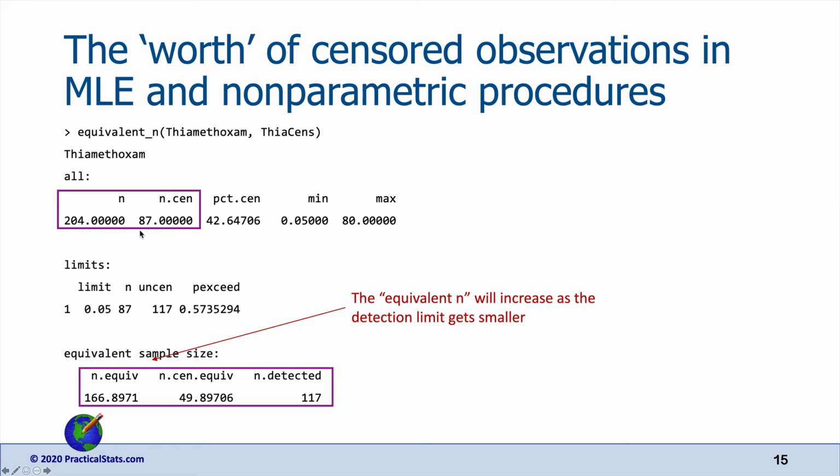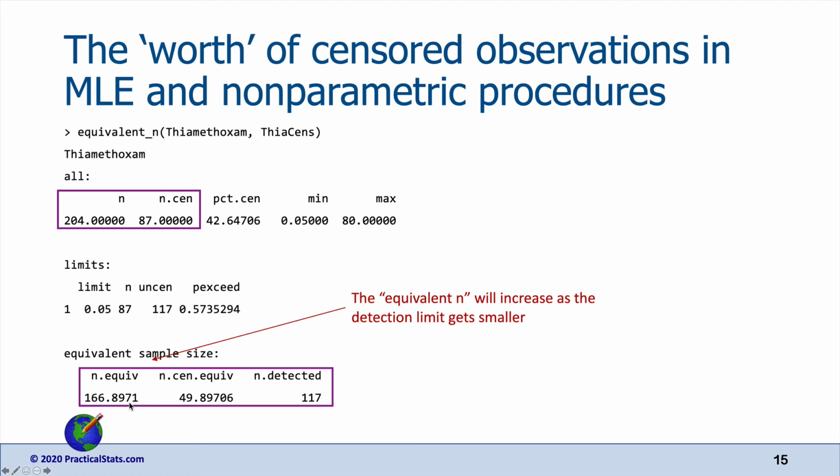So there were 87 censored values. It's equivalent to about 50 observations. So you've got a percent of the worth of those censored observations as 50 over 87. And that results in a sample size equivalent of, if everything was detected, of 167 observations.